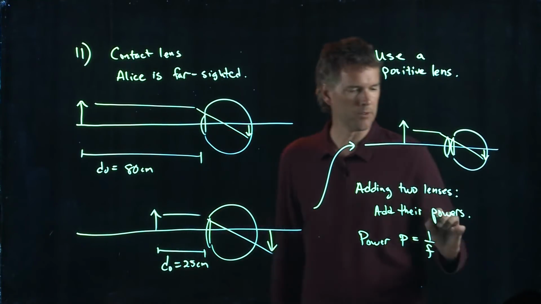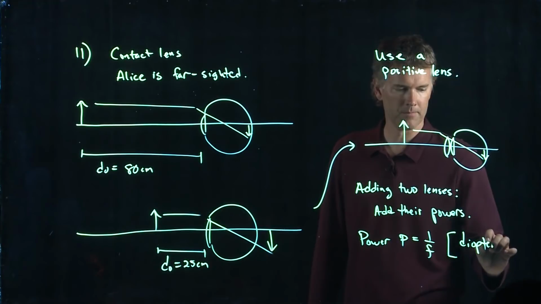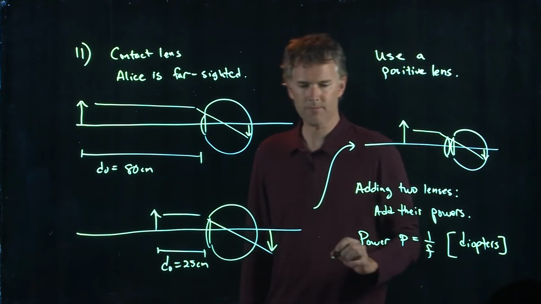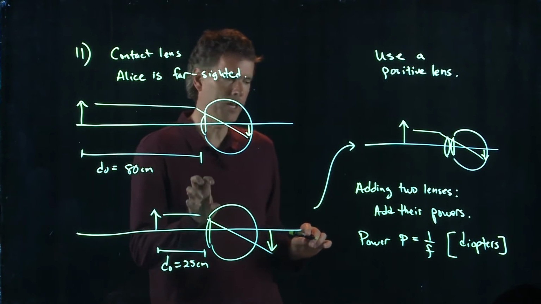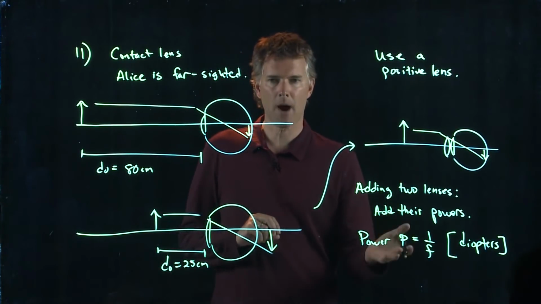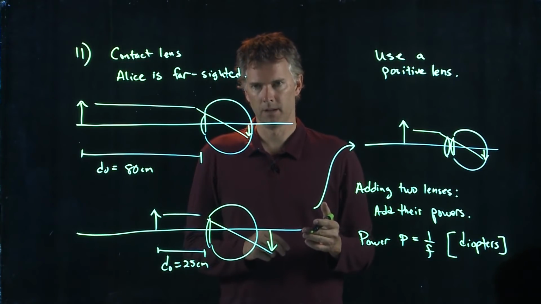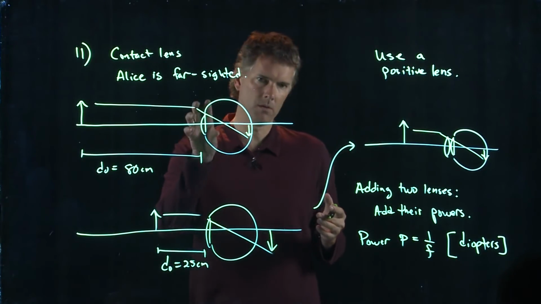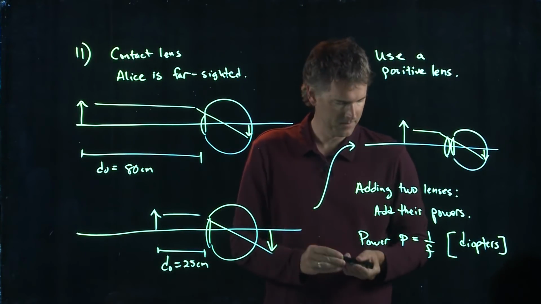And remember, the units are 1 over meters, which is diopters. So in this new case, we need to figure out how much power to add in a contact lens. And to do that, we need to know the power of her eyeball in the first case. Okay?